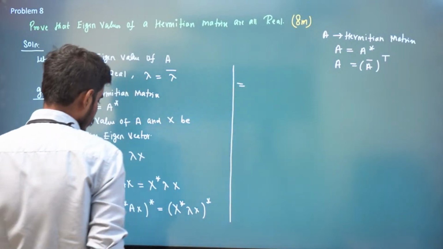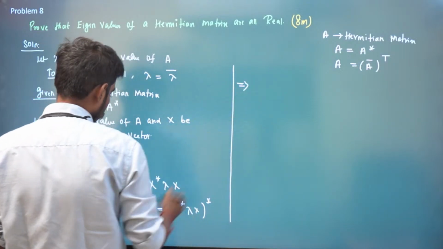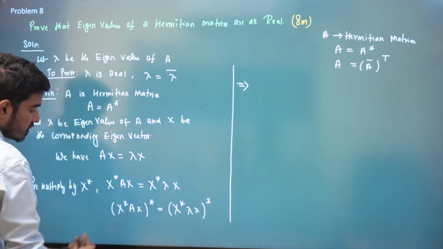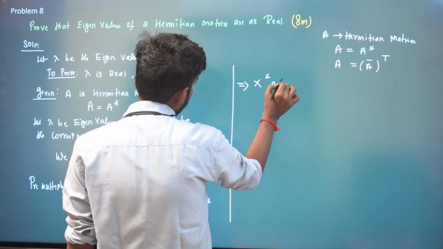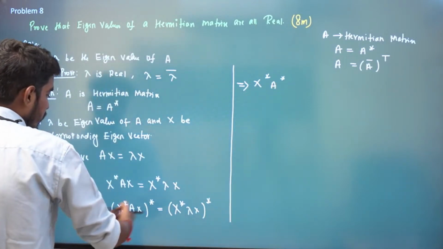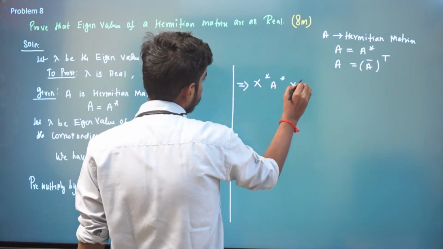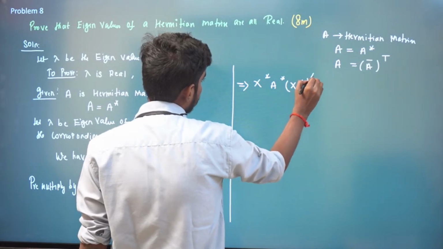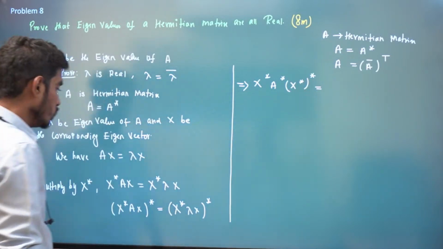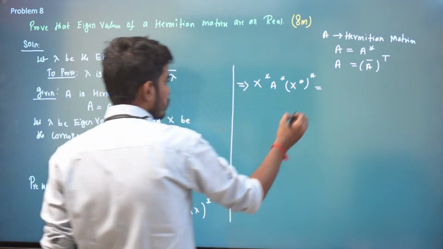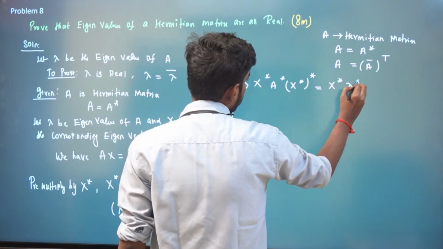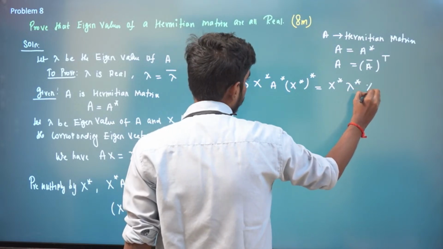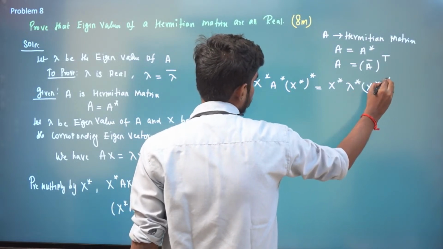So you apply star in the reverse direction: x star A star x star star is equal to x star lambda star x star star.